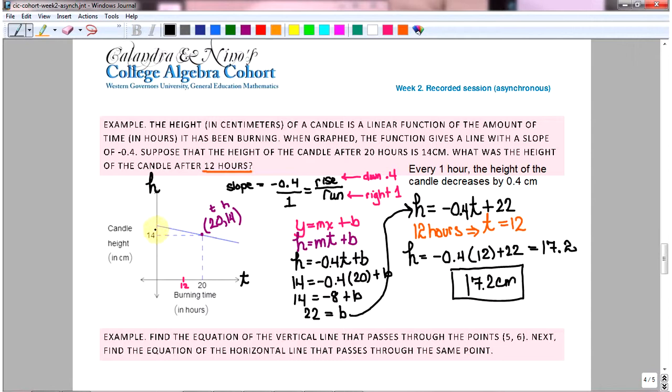So 17.2 is somewhere up here, and that's going to be the corresponding height that goes with 12. Unlike how I drew it before. So this is a good illustration of why sometimes it's good to have the equation there so you can correct a mistake if you made one.